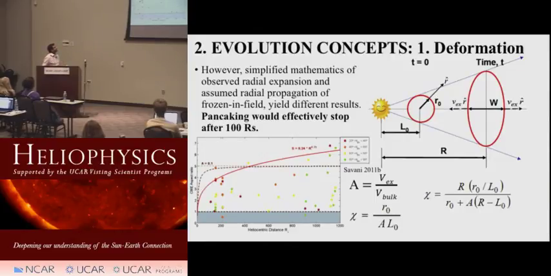So I looked at this and tried to get a handle on it, and I'll go into some of the details later. But all these data points are different CMEs that I looked into to get an idea of what that aspect ratio is. And if you go on that, this curve being the theory of where it should be, what you're seeing is actually a huge amount of scatter.